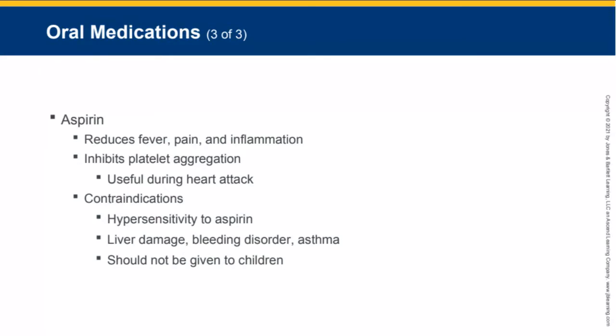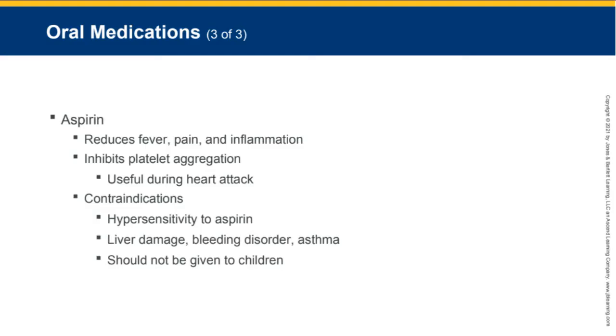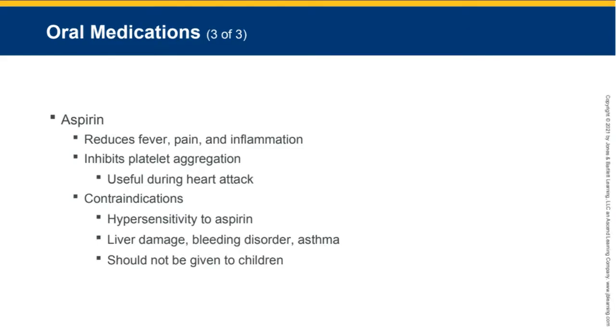Contraindicated in pre-existing liver damage or bleeding disorders and asthma. If somebody has a bleeding disorder and you give aspirin, that can cause the bleeding to be worse. If the patient should, for example, get a cut, it will definitely start to bleed a lot.